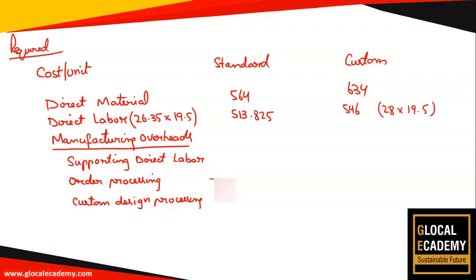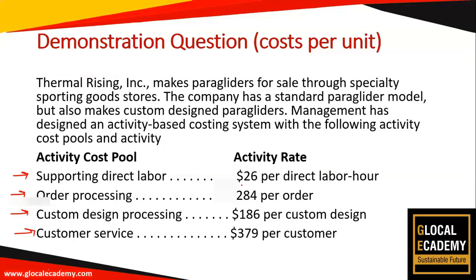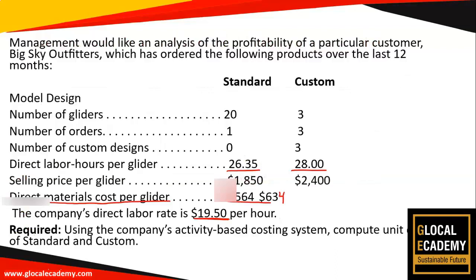So now we need to calculate their amounts. Now for supporting direct labor, the rate is 26, as we can see here, and we need to multiply this rate with the hours required. We already know the hours, 26.35 and 28.